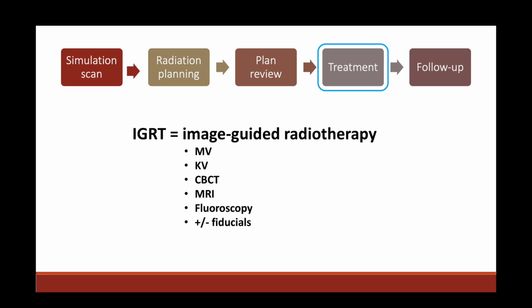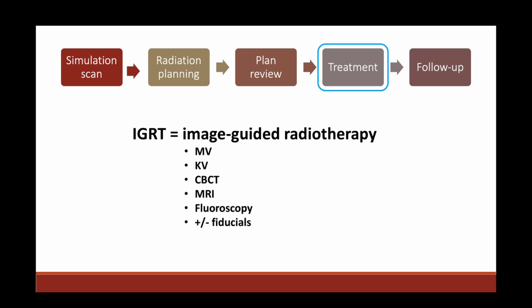All that means is we are not just relying on the marks on the patient and an MV portal image, we are actually getting some other type of imaging to help us with our setup and to make sure that the radiation is going exactly where we want it to.